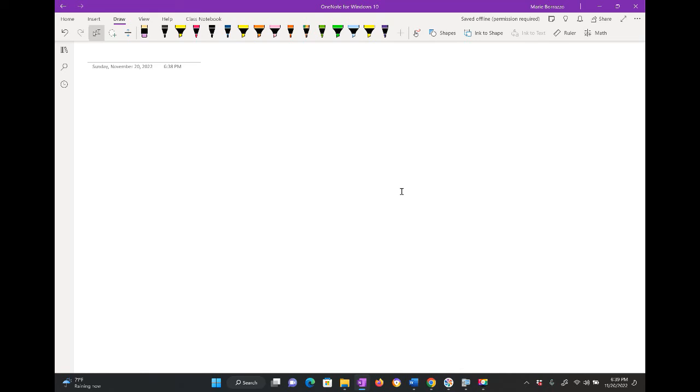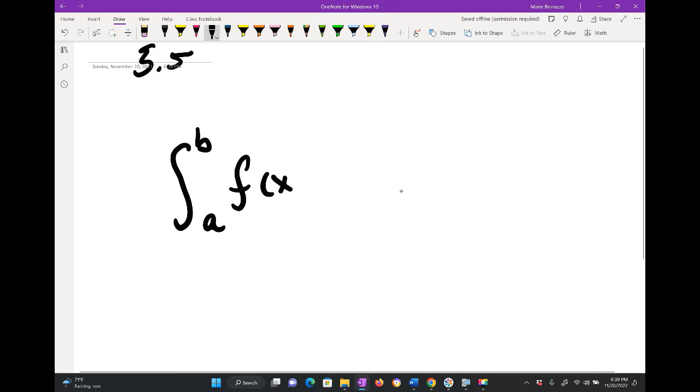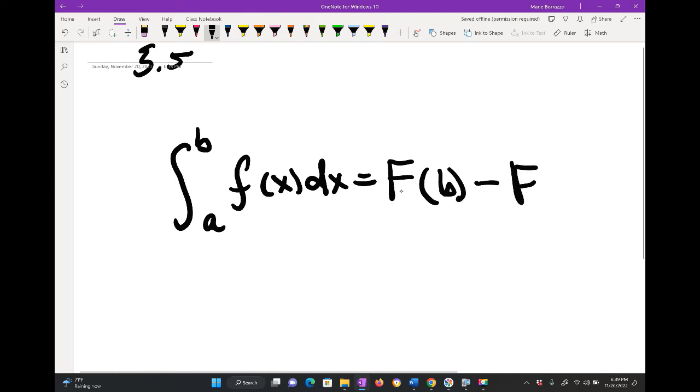As you look at the Fundamental Theorem of Calculus, by the way, this is section 5.5, we're looking at the integral from a to b of f of x dx, which is equivalent to basically the antiderivative at b minus the antiderivative at a.